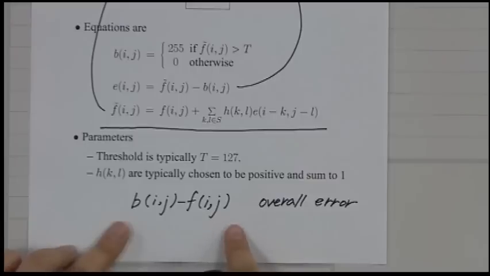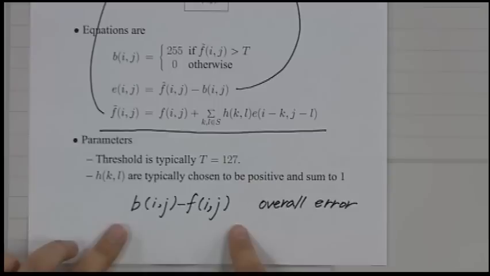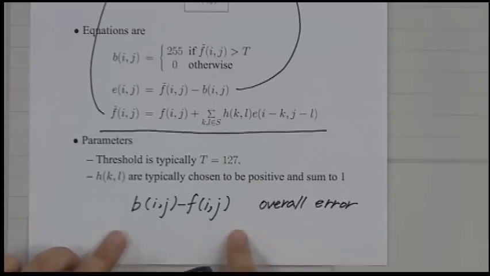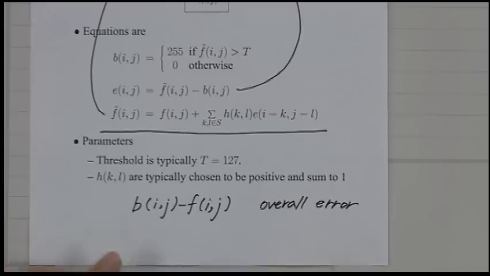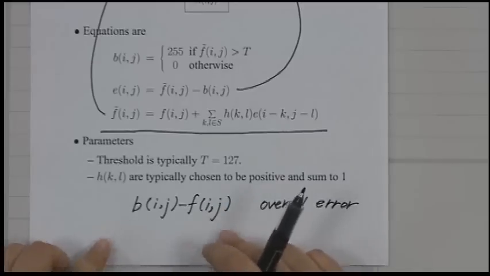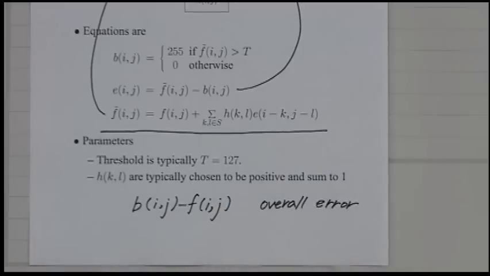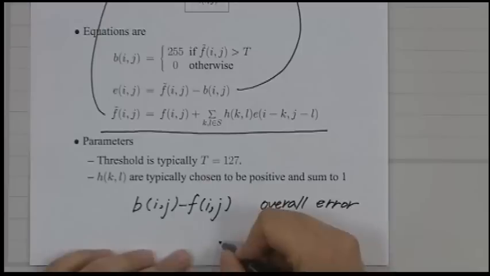But actually, it's okay to contain high-frequency components in this error. Again, why? Yeah, because our human visual system has a low-pass filter. So it's okay to contain high-frequency components, but not low-frequency components.